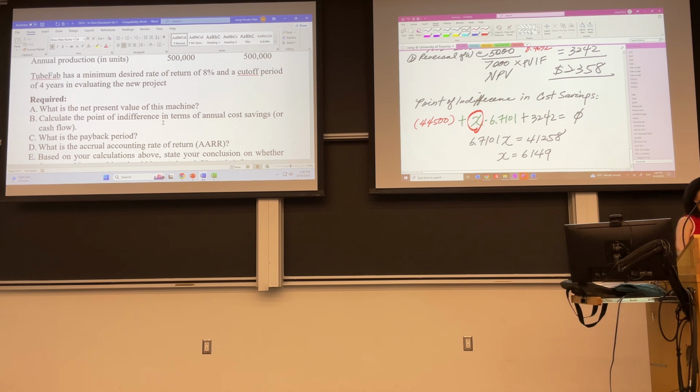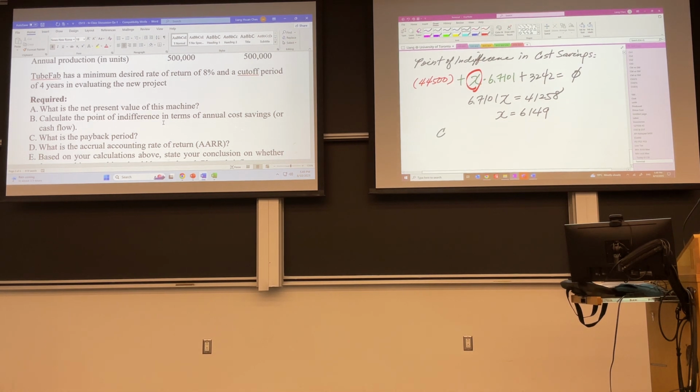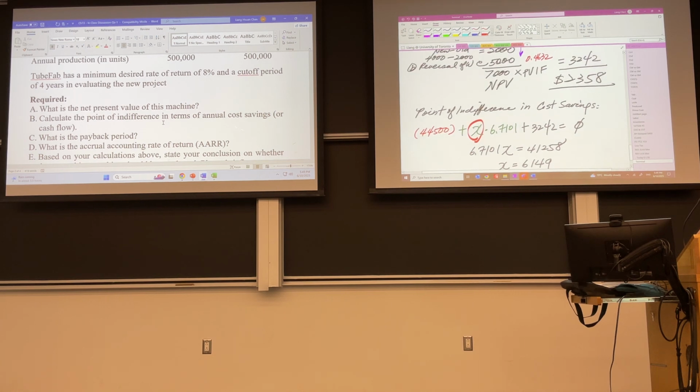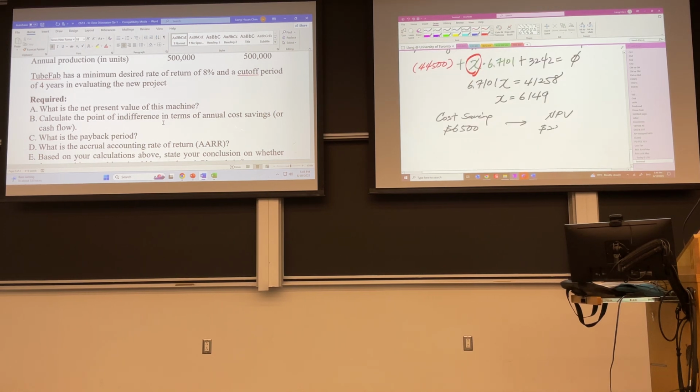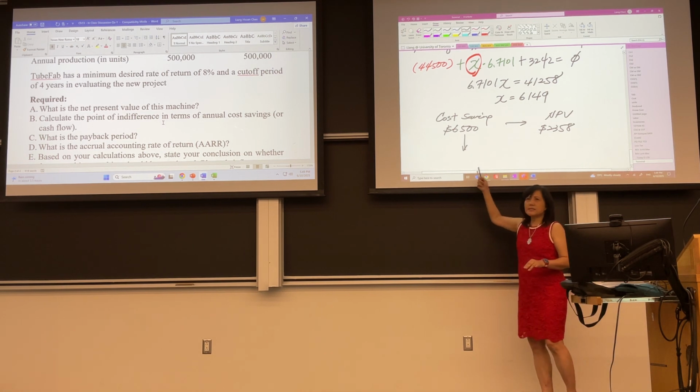Remember chapter 3, we talked about margin of safety. What's your safety zone? If your estimate 6,500 is wrong, by how much can you fall till you are going to negative? So cost savings at 6,500, net present value equals 2358. You can have this number misestimated.